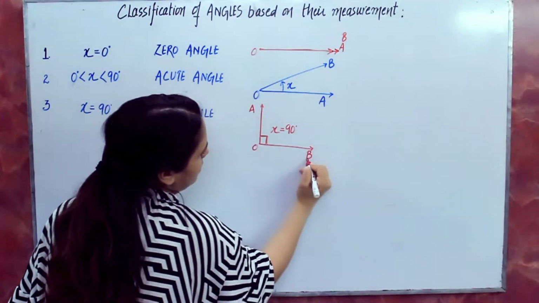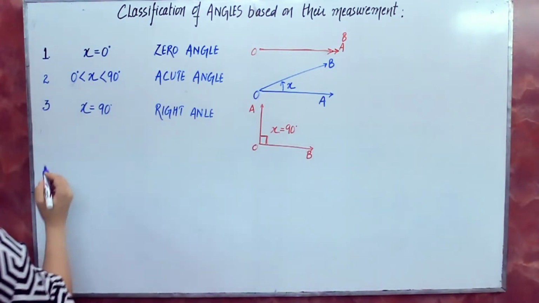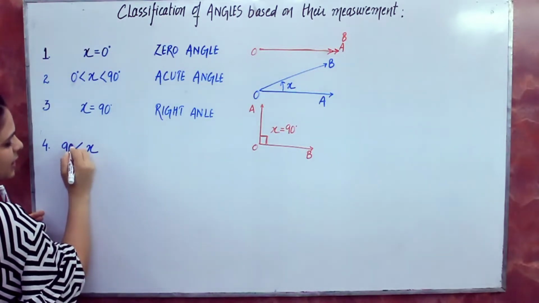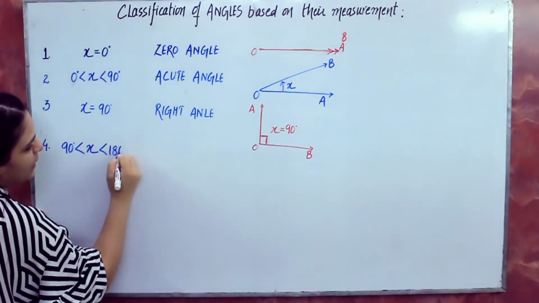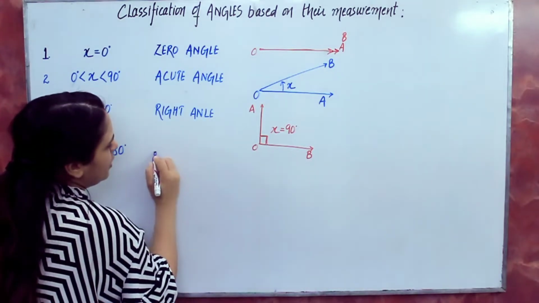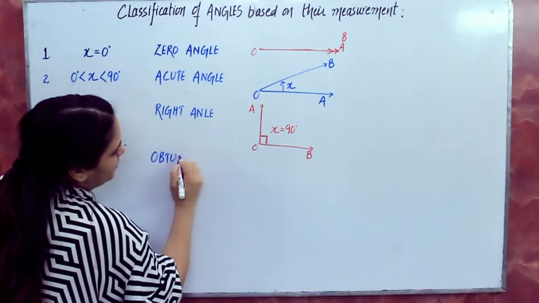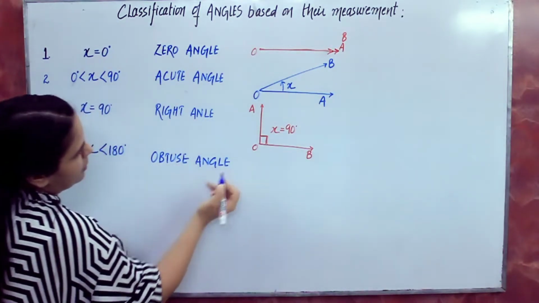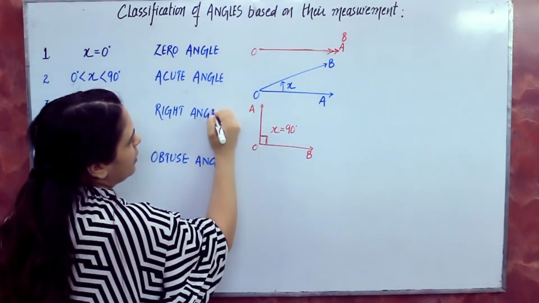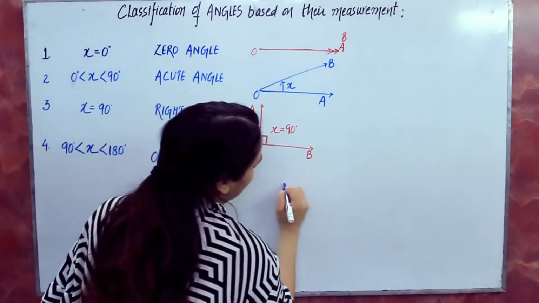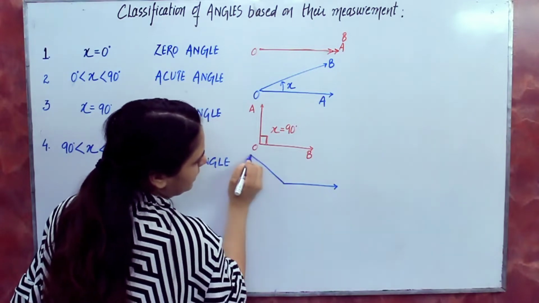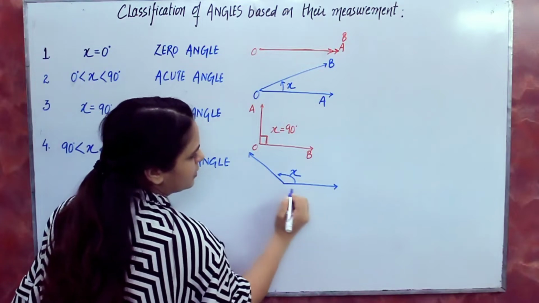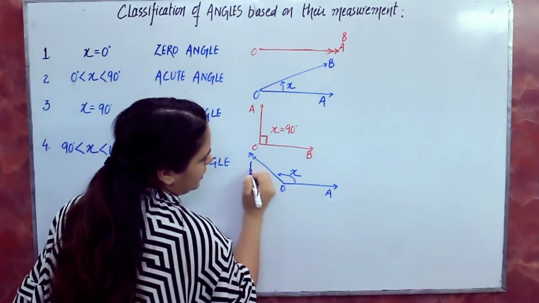AOB is a right angle. The fourth one, when X is greater than 90 degree but less than 180 degree, this will be obtuse angle. Obtuse angle is more than 90 degree but less than 180 degree. So this will be your angle AOB is obtuse angle.